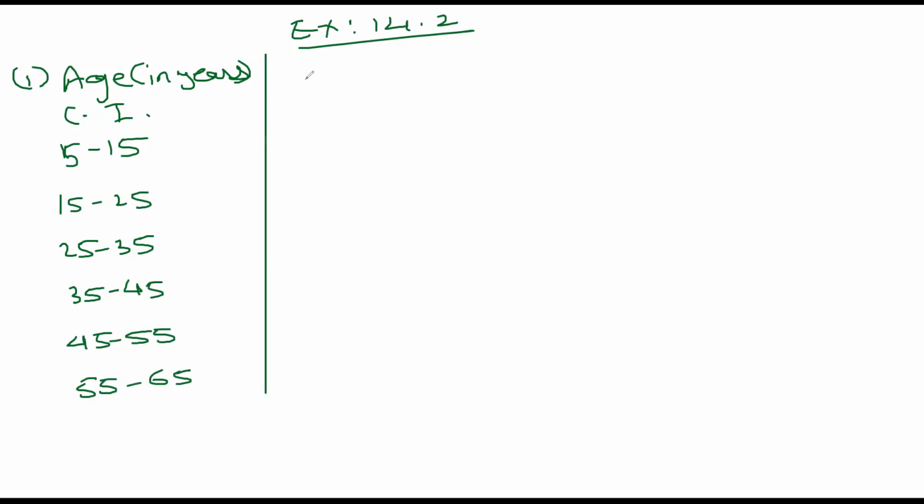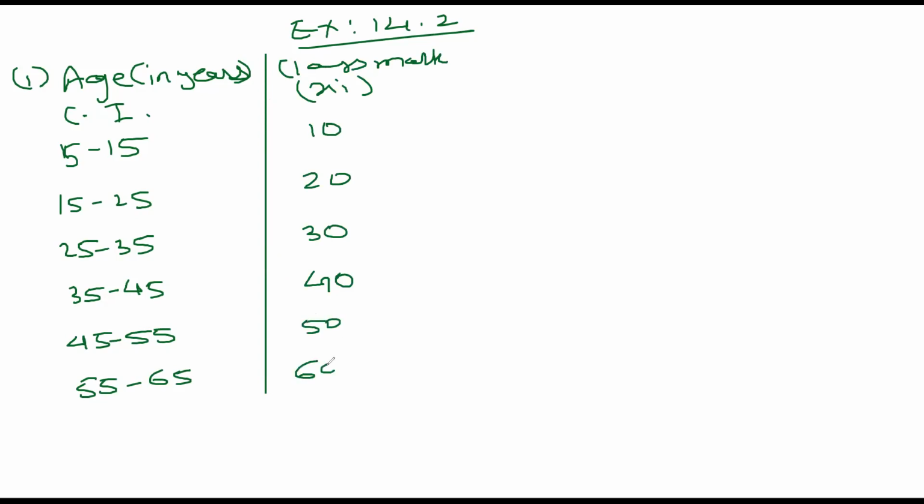Then we have class mark, xi. Class mark is (15 plus 5) upon 2, which is 20 upon 2, which is 10. Class width is also 10, then 20, 30, 40, 50, 60. Correct?